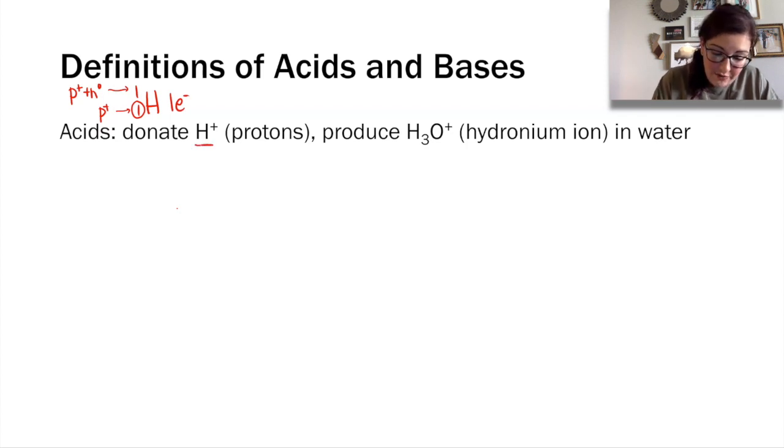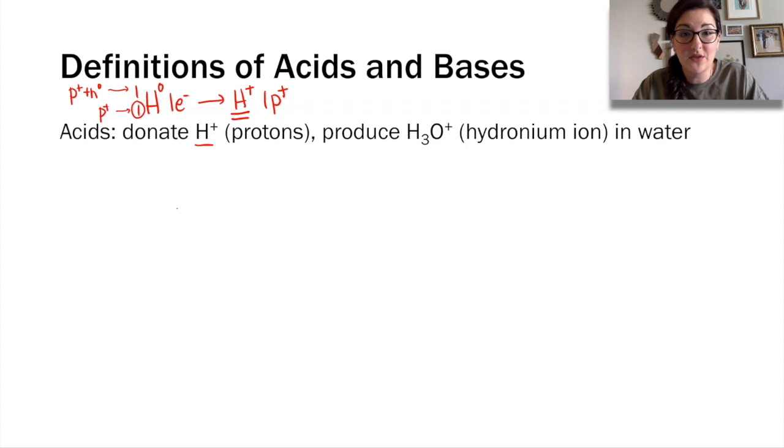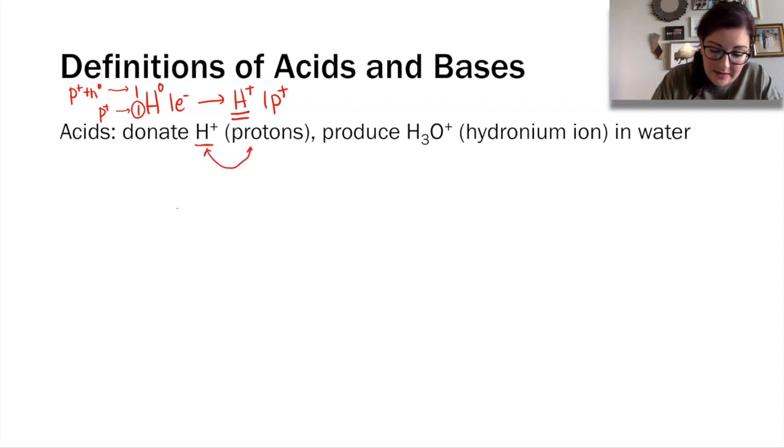So when hydrogen forms an H+ ion, when it goes from H0 to H+, that means it's lost its electron. It doesn't have any neutrons, so an H+ ion is literally just one little proton floating around in solution. So whenever I say protons, I mean H+ ions. Those are interchangeable with each other.